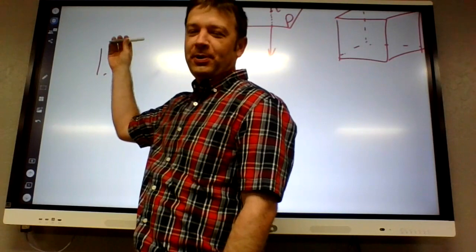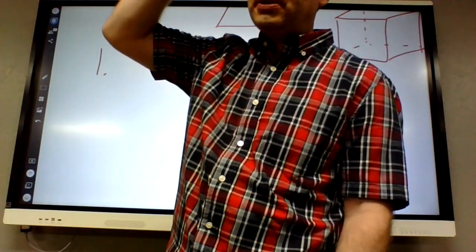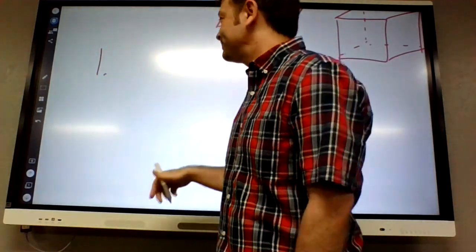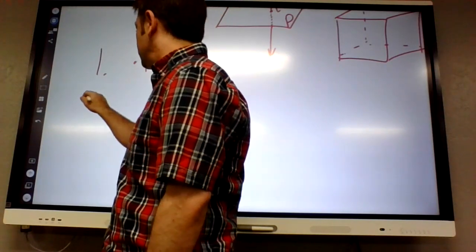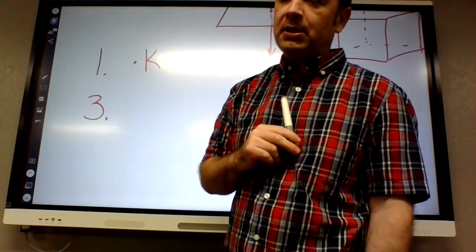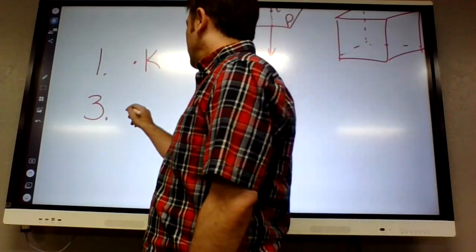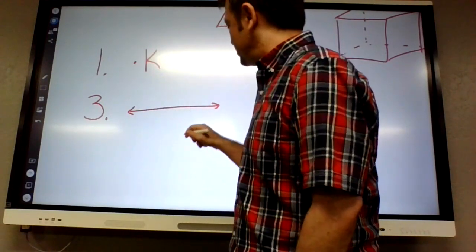Okay, point K. We're supposed to draw a picture illustrating it. How would I draw point K, do you think? A dot and a K. You guys are geniuses. Okay, number 3, line L. They use an italicized L so it doesn't look like a 1.